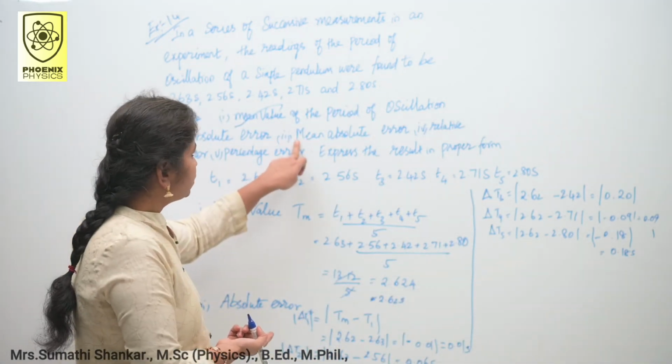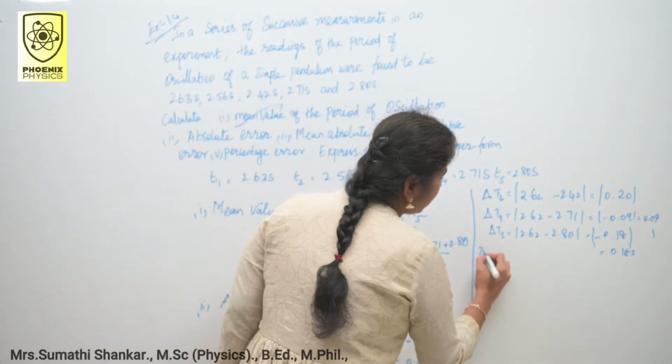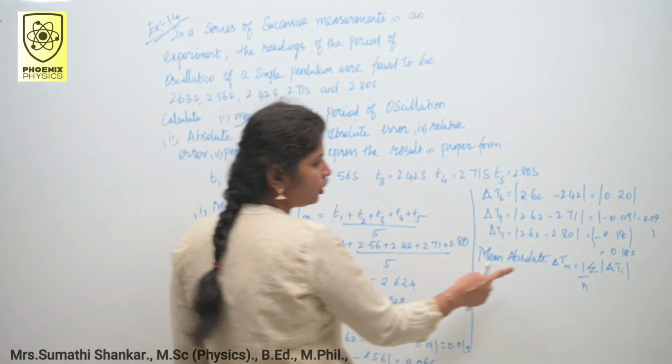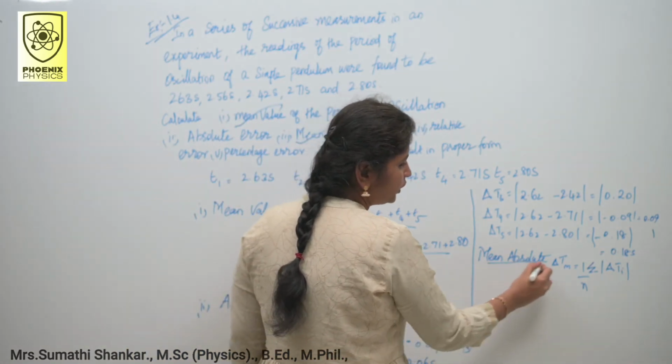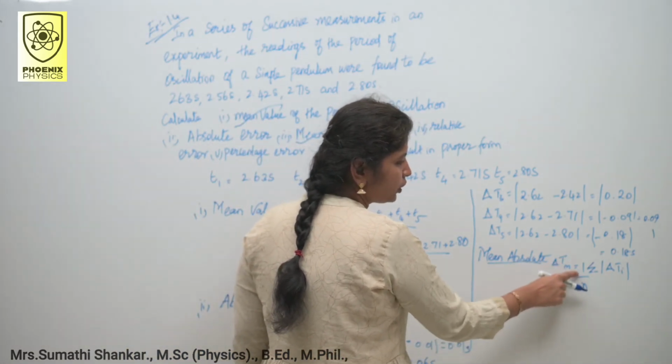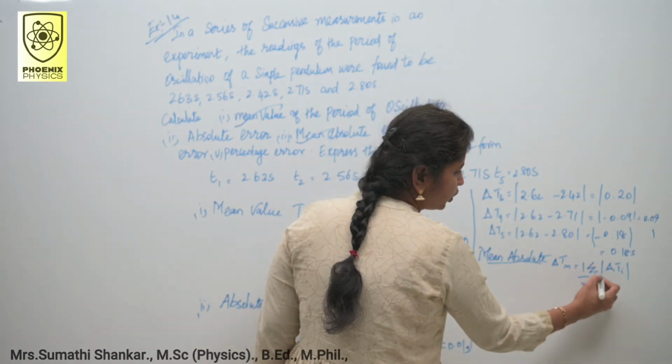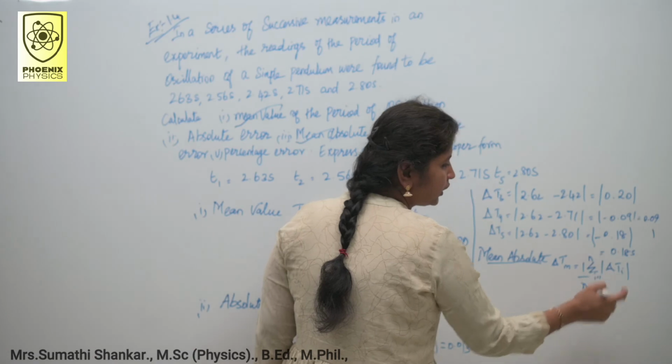Third subdivision is mean absolute error. How do you find mean absolute error? You know the formula: delta Tm is equal to 1 by n summation of i equals 1 to n of delta Ti.